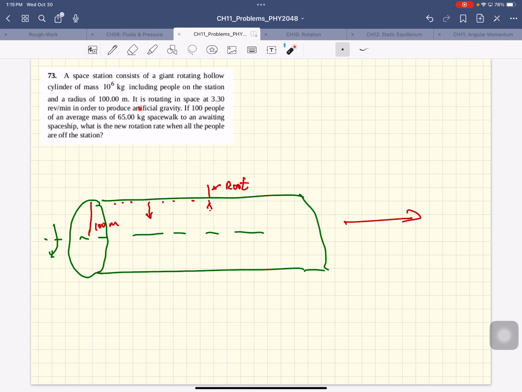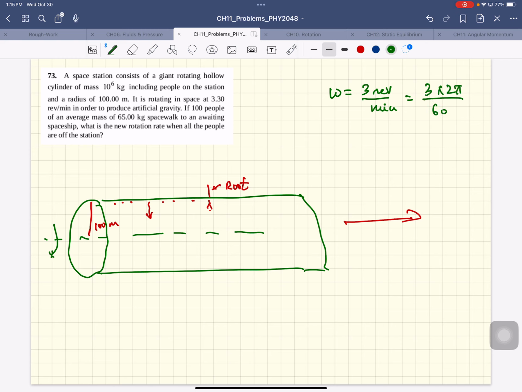It is rotating in space. So this is rotating in space at 3 revolutions per minute. So angular velocity is 3 revolutions per minute. We'll convert this to radians per second.